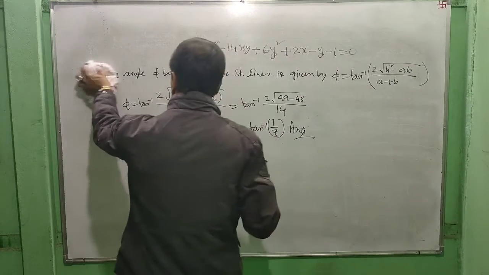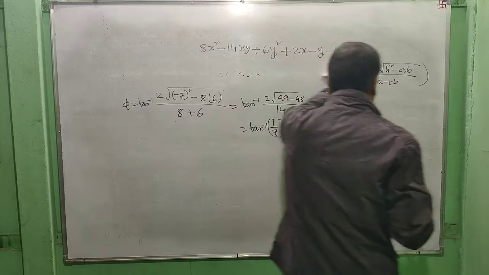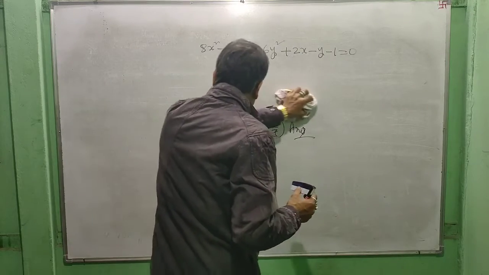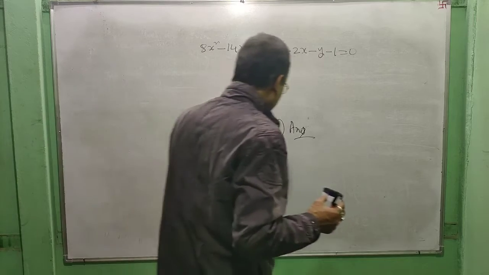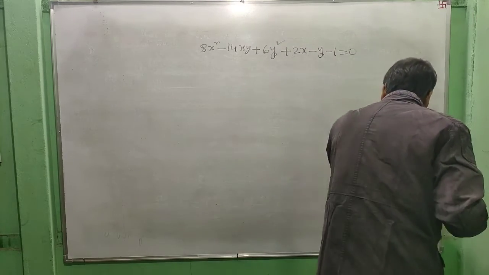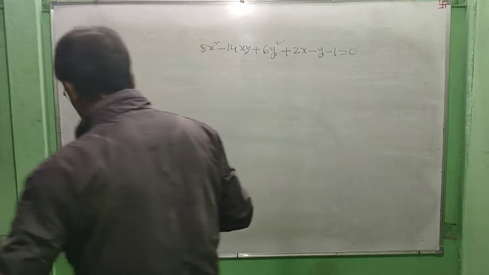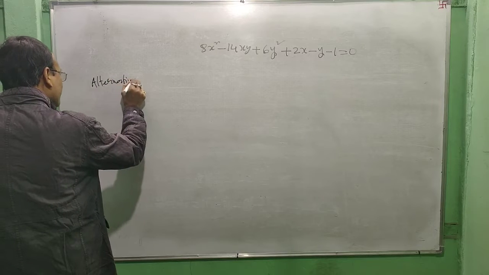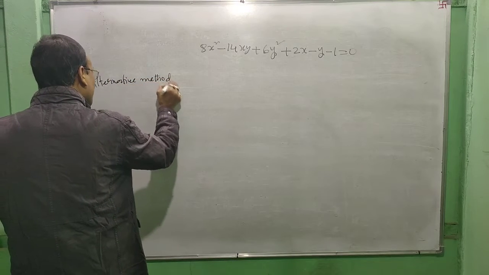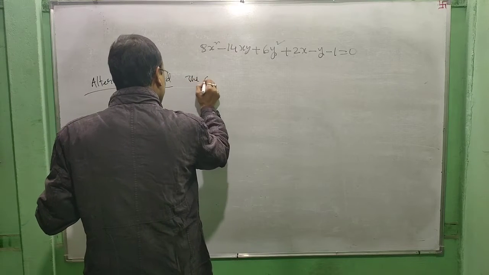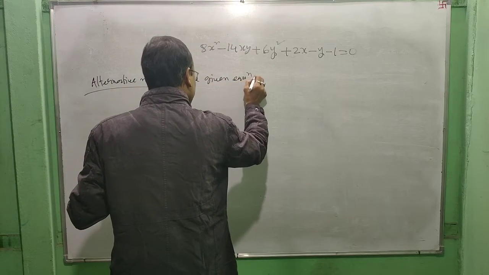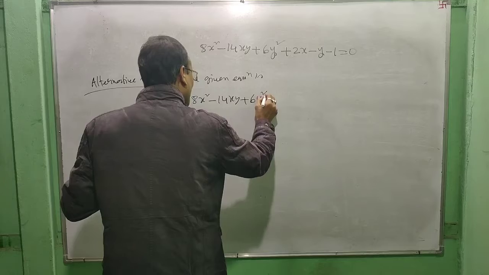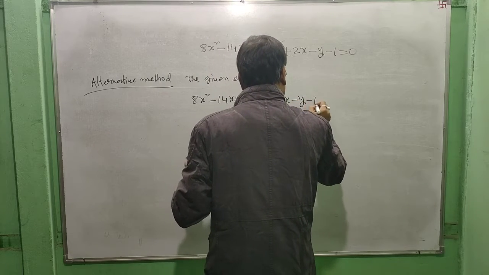Now, the alternative method. The given equation is 8x square minus 14xy plus 6y square plus twice x minus y minus 1 equal to 0.